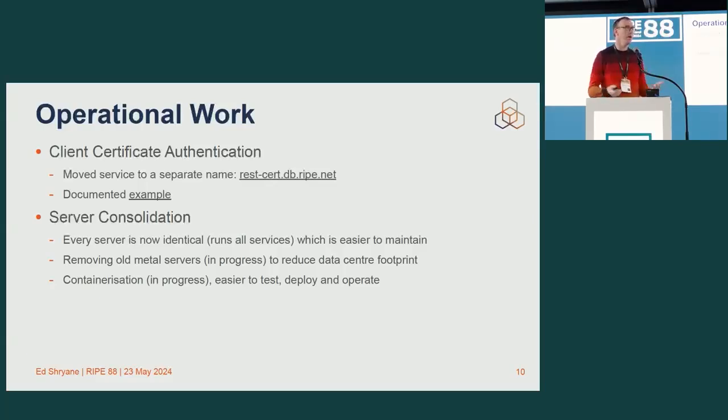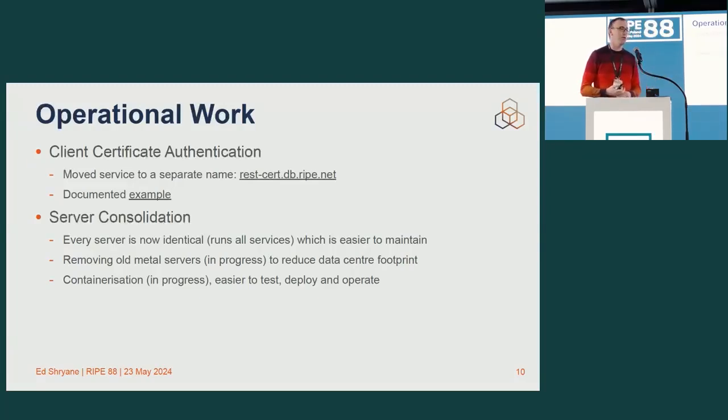Since we want to accept any self-signed certificates, we can't scope that, and we're not issuing certificates for the RDAP database either. So this pop-up is very annoying. I don't think it's usable like that. So we switched to a separate service.